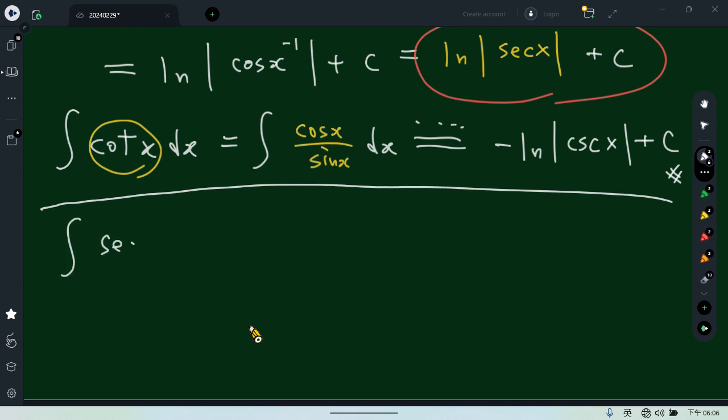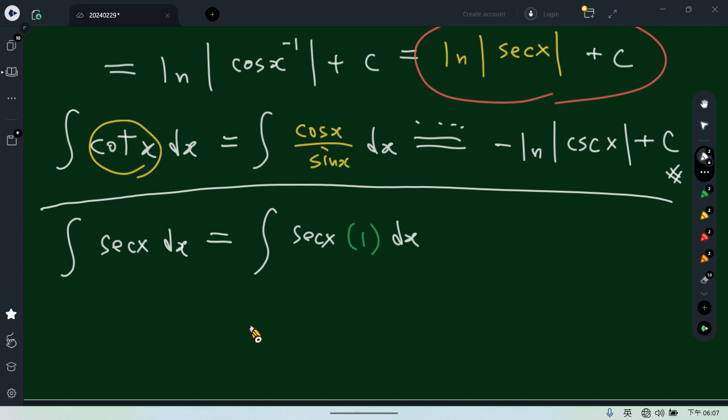Integrate secant x dx. Sometimes I just think it's like magic. You can regard this as secant x times 1, right? No problem, it's just secant times 1, still secant x.